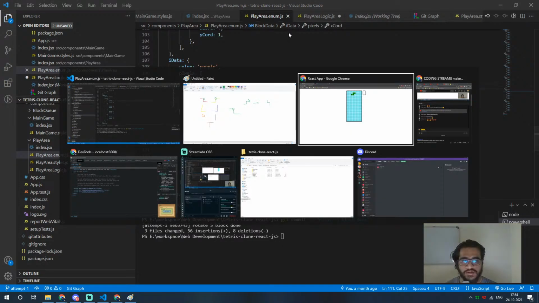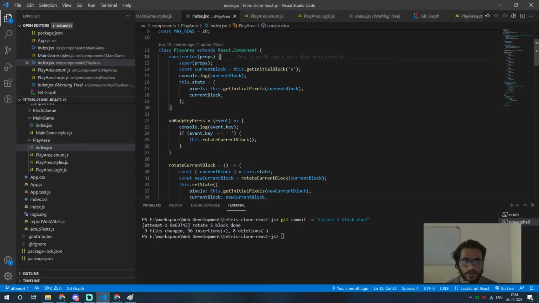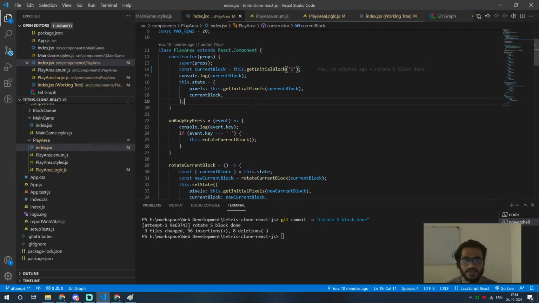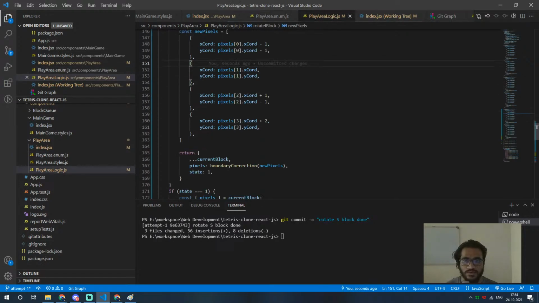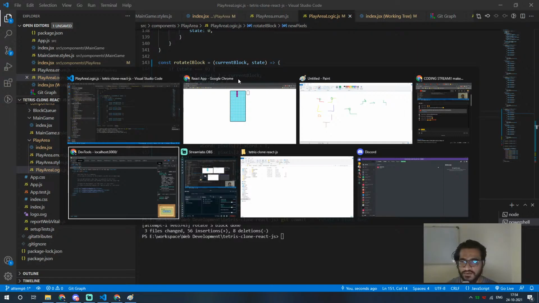So now let's change this to I and start on the logic. First rotation would be from 0 to 1, right?